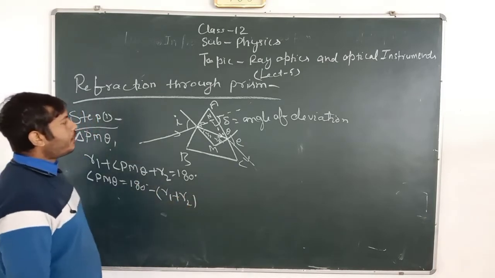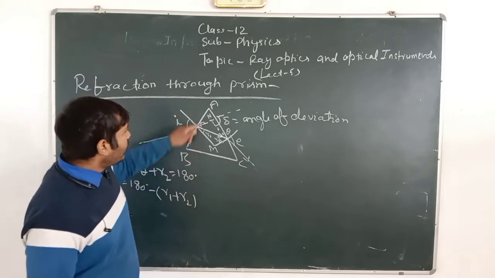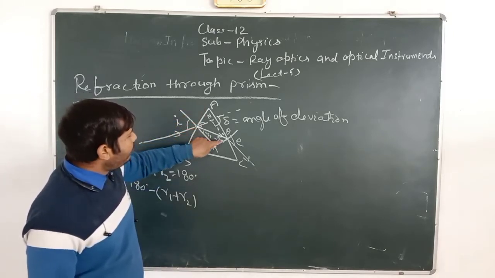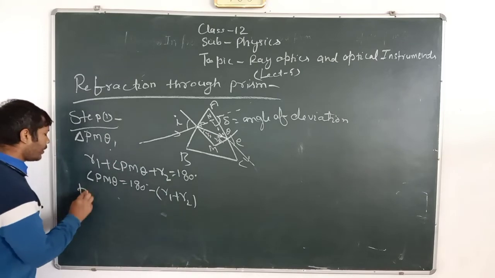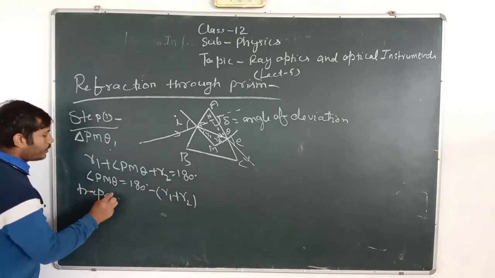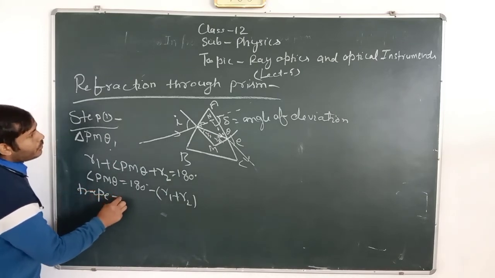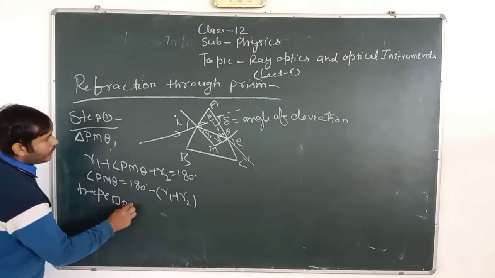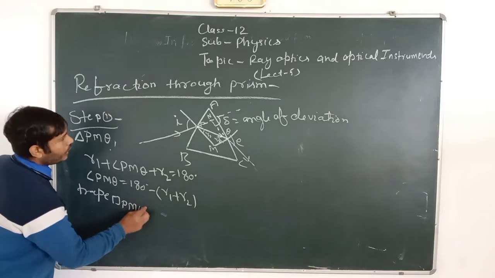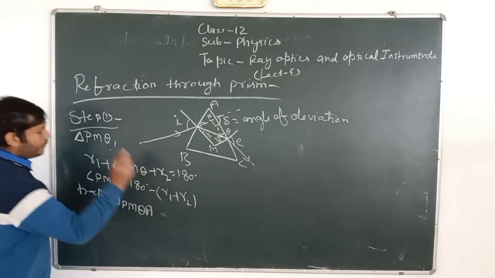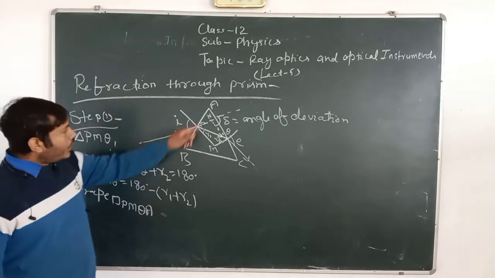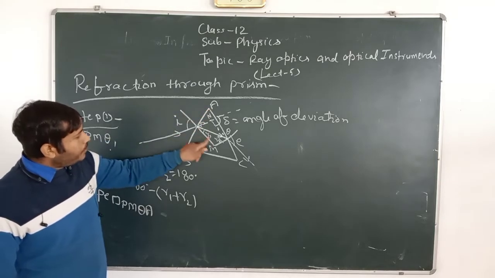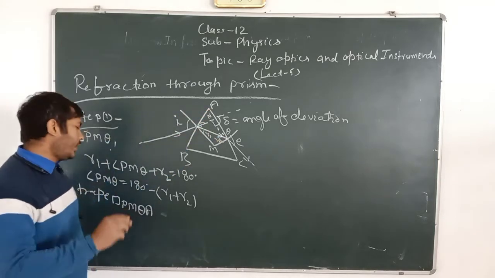Now let us suppose this quadrilateral APMQ. So I am taking quadrilateral PMQA. The angle A plus angle PMQ will be how much? 180 degree.